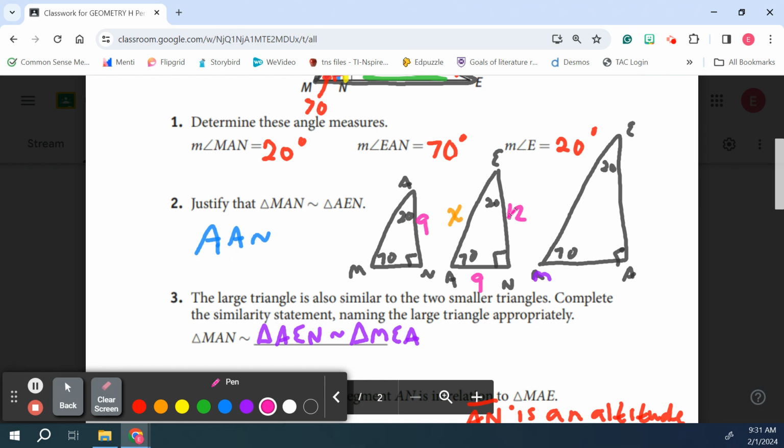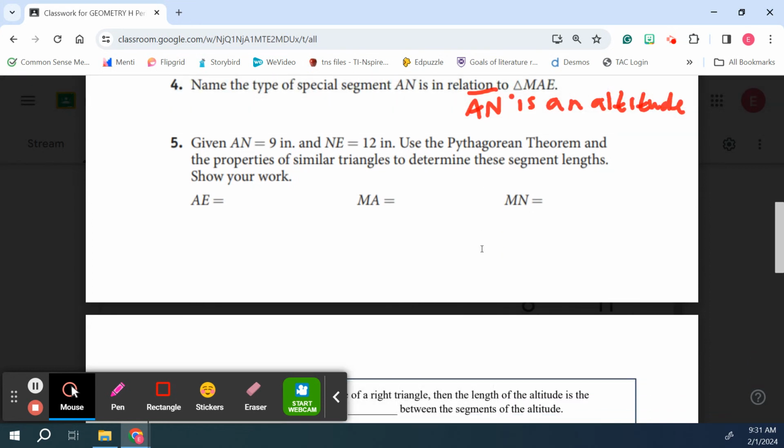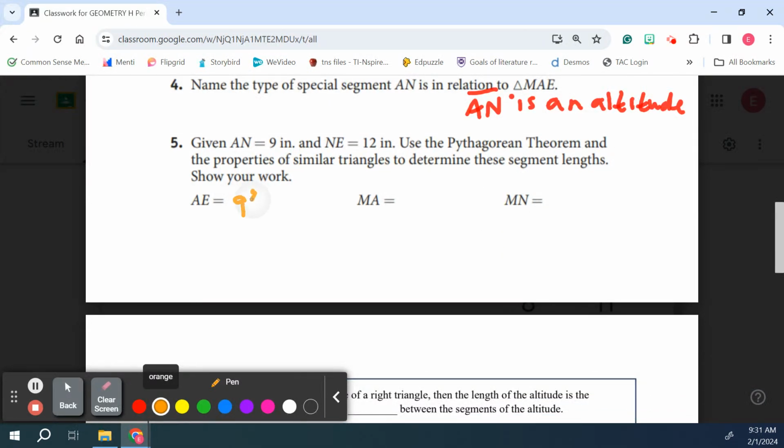It's named after an old dead Greek guy. Did a lot of things in mathematics. Pythagorean theorem. So let's take a peek at that. So we are given 2 legs, right? We're given a leg of 9 and a leg of 12. And that equals x squared. So this is 81 plus 144 equals x squared.